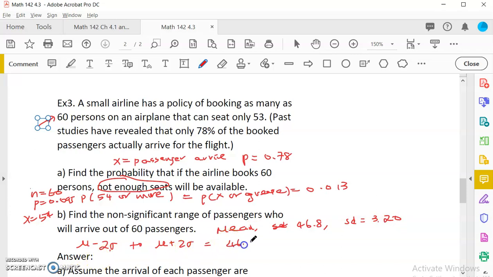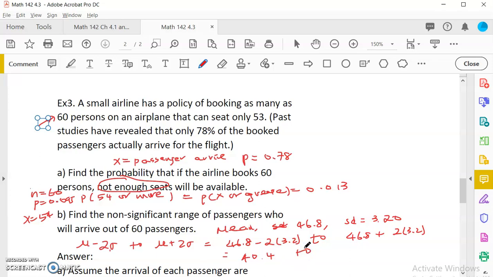So 46.8 minus 2 times 3.2 is 40.4. So if you book 60 people, it could be as low as that.